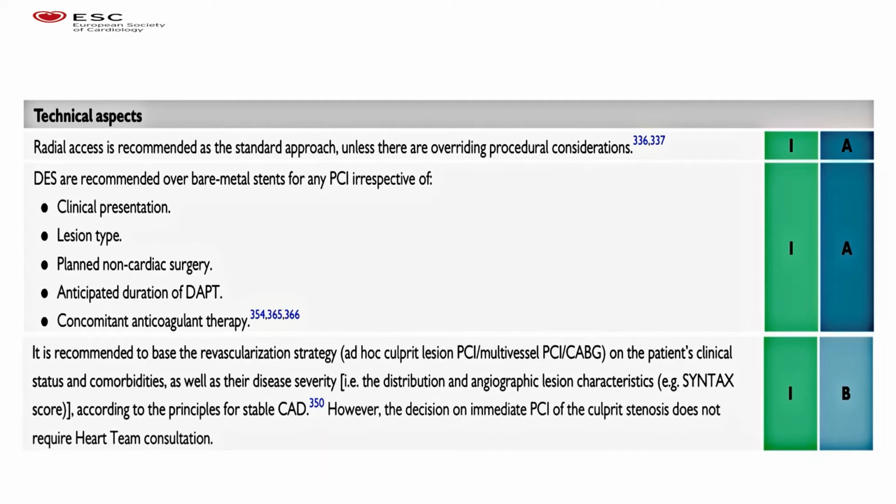Class 1 Level A. It is recommended to base the revascularization strategy, ad hoc culprit lesion PCI/multivessel PCI/coronary artery bypass grafting, on the patient's clinical status and comorbidities, as well as their disease severity, i.e. the distribution, and angiographic lesion characteristics, for example SYNTAX score, according to the principles for stable coronary artery disease.